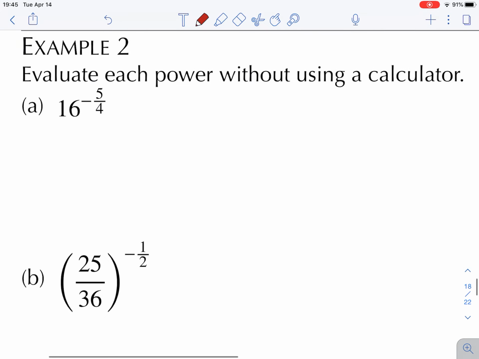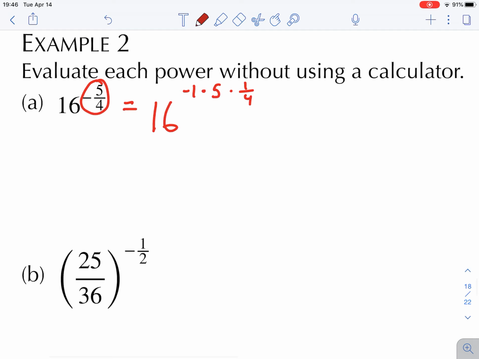All right, we are going to evaluate these two without using a calculator. This is sort of the ultimate power that you have. We're going to do one the long way, and then we'll show you how to break it down into the shorter way. So I'm going to break this fraction apart into 3 parts. 16 to the power of negative 1 times 5 times 1 over 4.